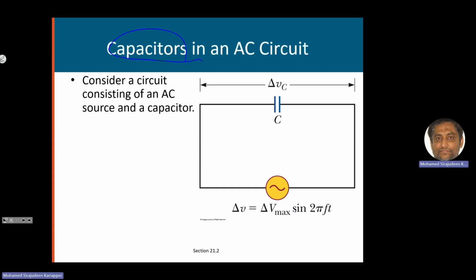Resistor was, as expected, nothing unexpected. But here things are going to get a little bit interesting. Let's say the potential difference is, of course, given as a sine function. So this is our source. Delta V is the maximum value, but it is going to change because of the time dependence inside the sine.